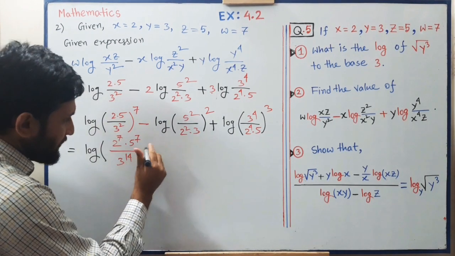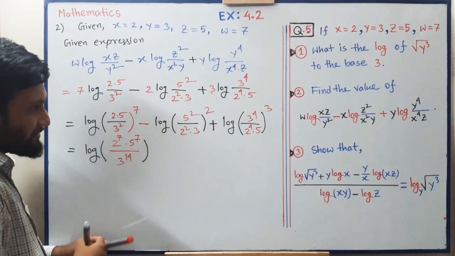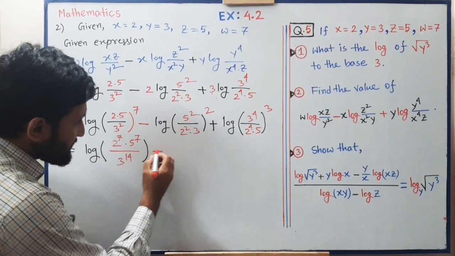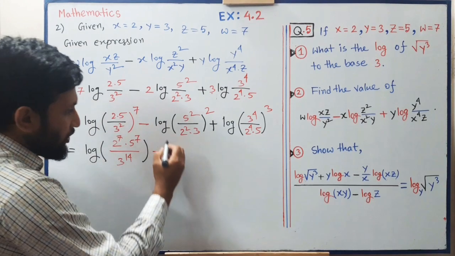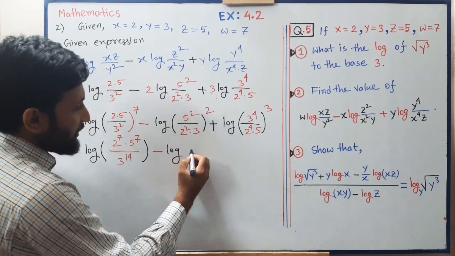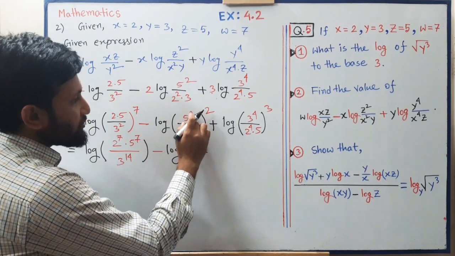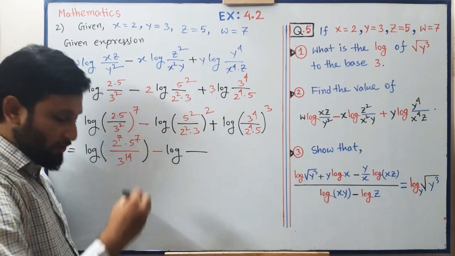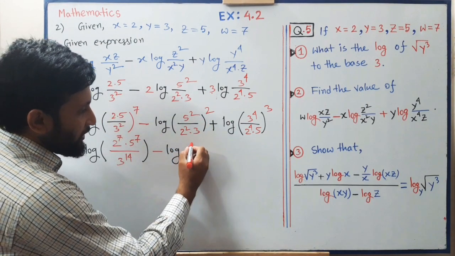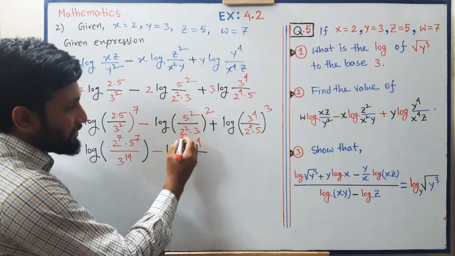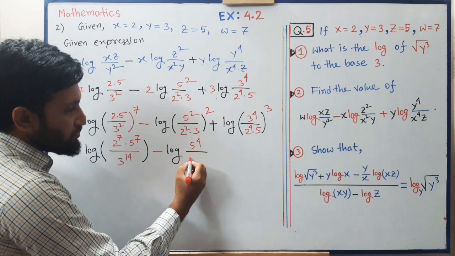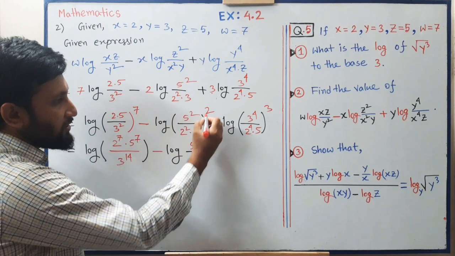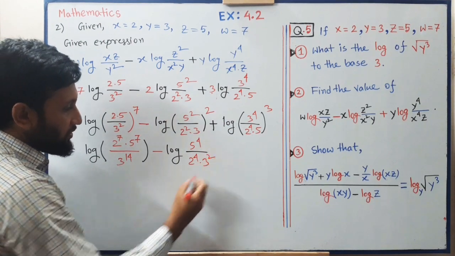Okay. And then the next sign is minus, so I can write here minus and log, we can write 5 square and square, that means 5 to the power 4. So, I can write here 5 to the power 4 divided by 2 square and square, that means 2 to the power 4, and then 3 square. Okay.